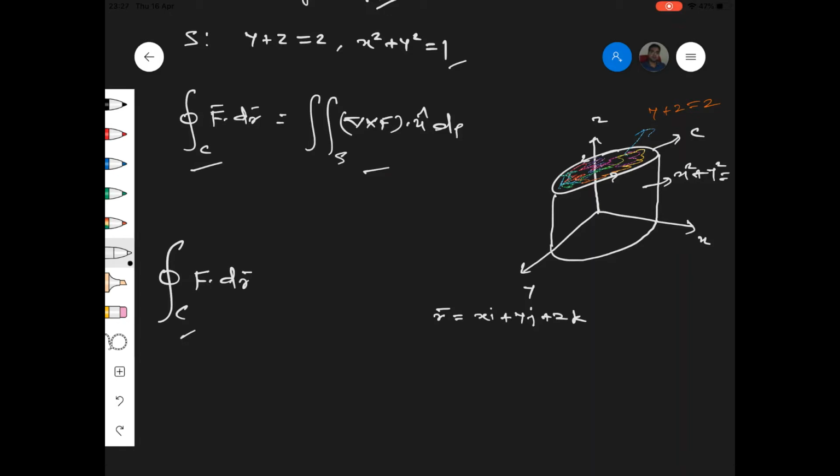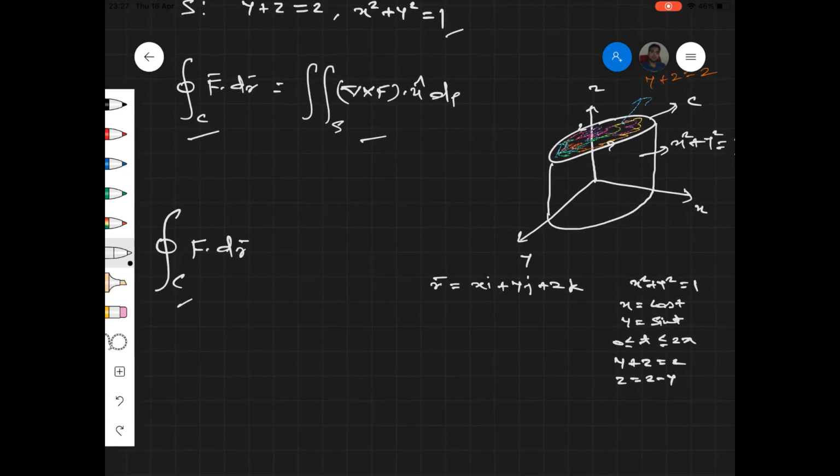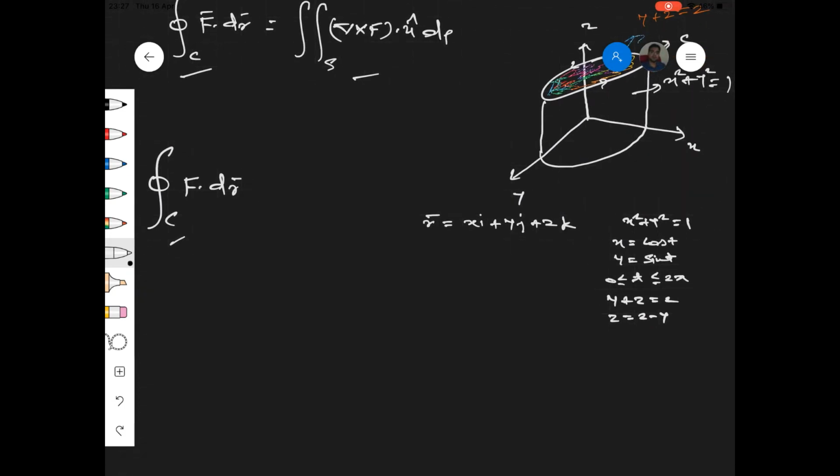Since in the base we have the equation x square plus y square equals 1, the parametric equation will be x equals cos t, y equals sin t, with t ranging from 0 to 2 pi. And we know from y plus z equals 2 that z equals 2 minus y, which gives z equals 2 minus sin t.